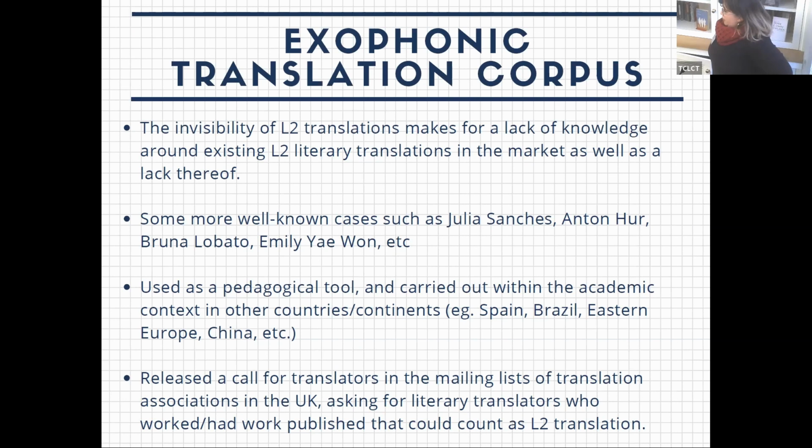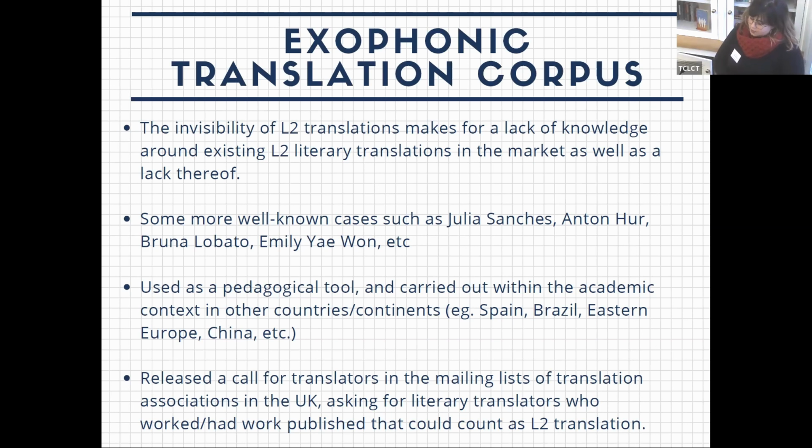There is a big number of Korean translators who are exophonic translators, and they have access to the English publishing market because of Tilted Axis Press and Deborah Smith, who won the International Man Booker Prize for her translation of Han Kang, and she also heads the publishing house. So it does help that an established translator brings all these translators into being published by this publishing house.